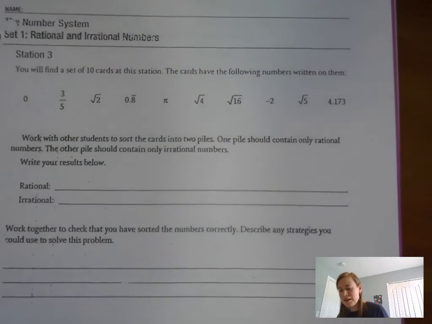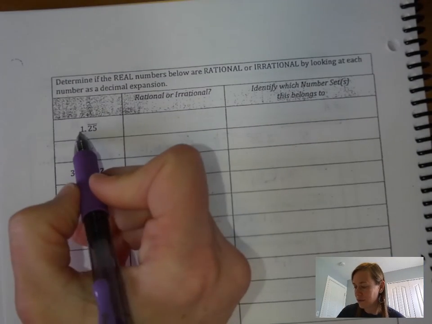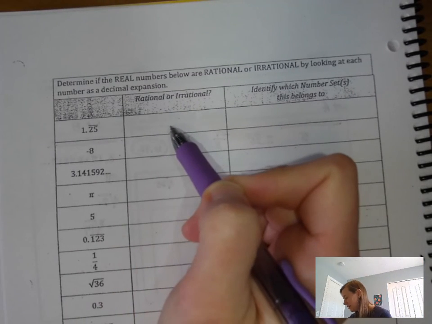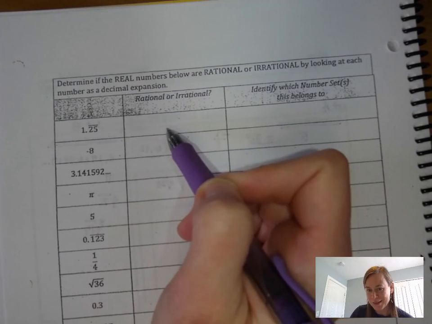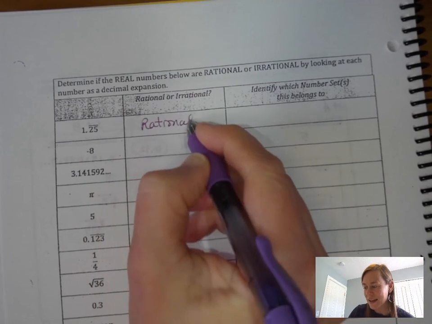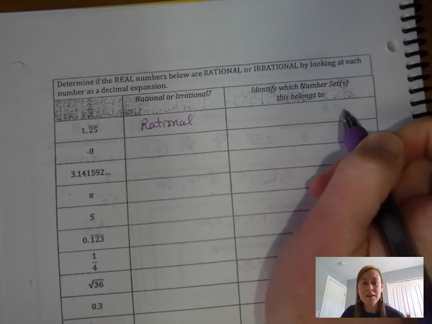And on your assignment over here, you're just going to go through and label these. So for 1.25 with the 25 repeating, you would ask, is it rational or is it irrational? With a repeating decimal, it's going to be rational, right? So you would write rational here. And then over here, you would write any other labels that apply. You would identify what number sets it belongs to.